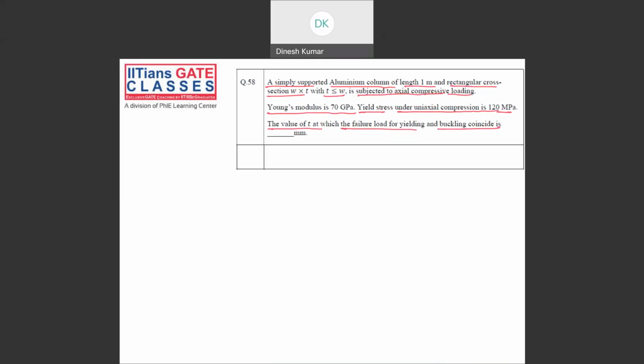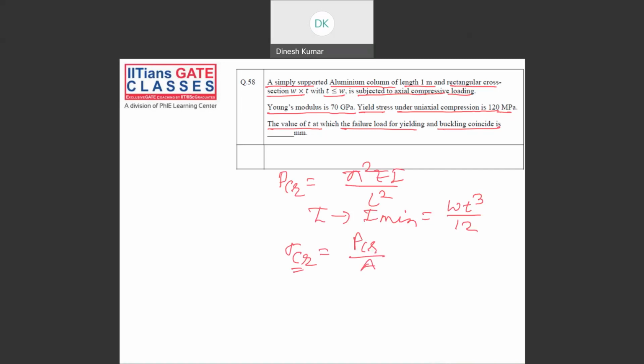So guys, we know for a simply supported beam, what is your P critical? It is pi square EI by L square. Now guys, we know here I will be minimum. In this case, since W is greater than T, I minimum will be WT cube by 12. Now if you find sigma critical, the critical stress due to buckling, it will be P critical by area.